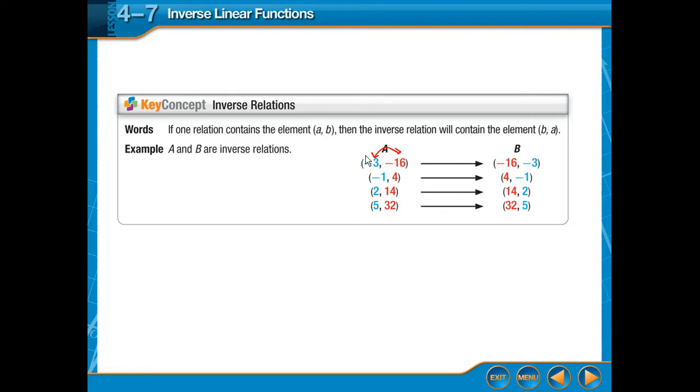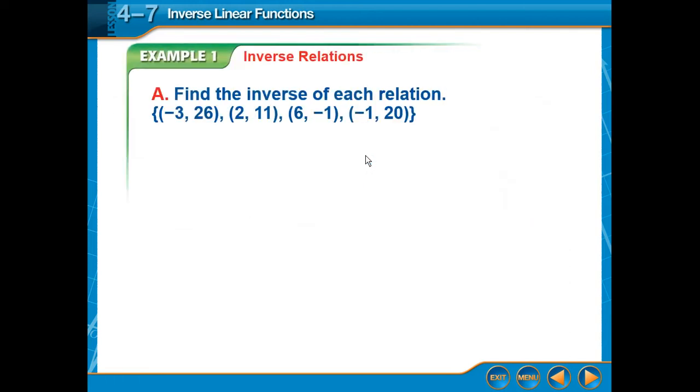Okay, so if I want to find the inverse of this relation, all I'm doing is rewriting it, switching the x and y values. So 26, negative 3, 11, 2, negative 1, 6, and 20, negative 1. And so this would be the inverse of that relation.